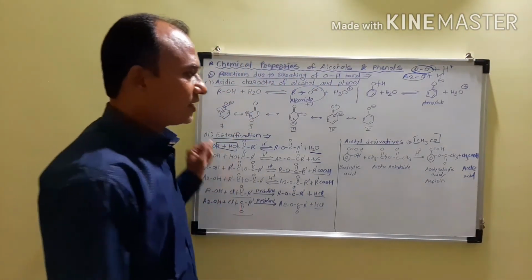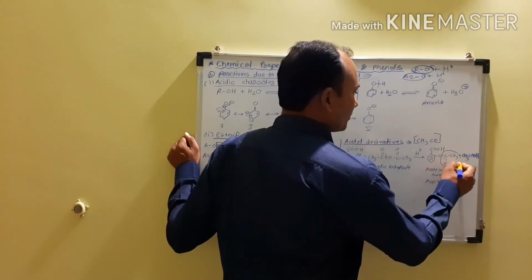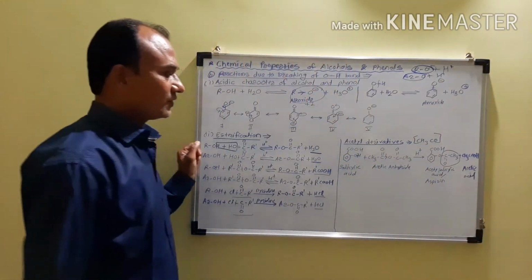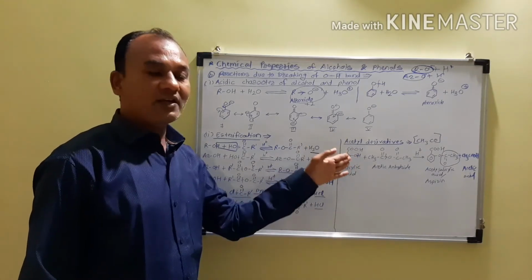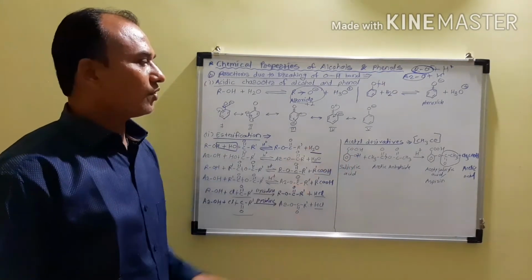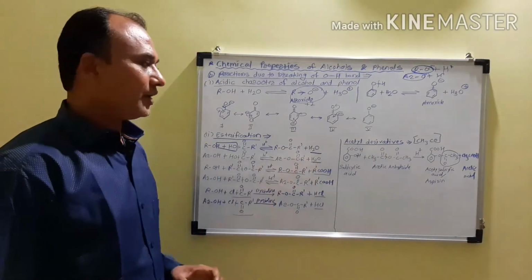Now in that case, there is an insertion of the acetyl group in the alcohol or in the phenol, and therefore these are called acetyl derivatives.